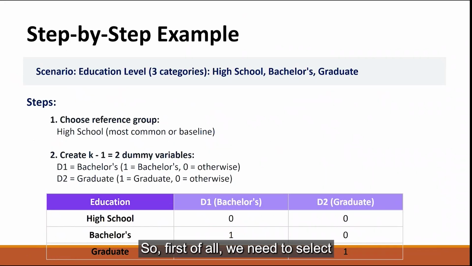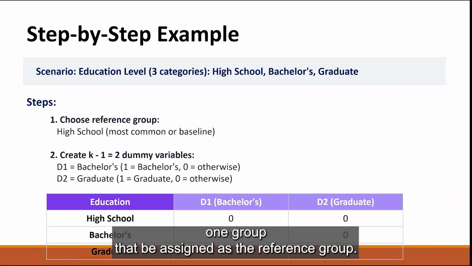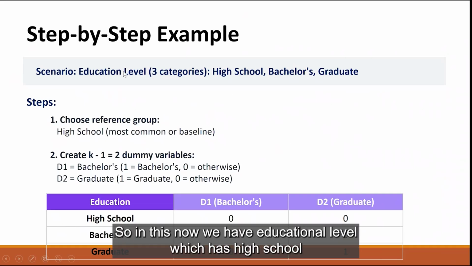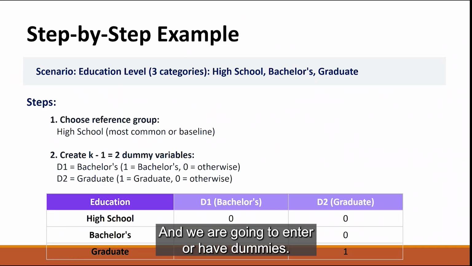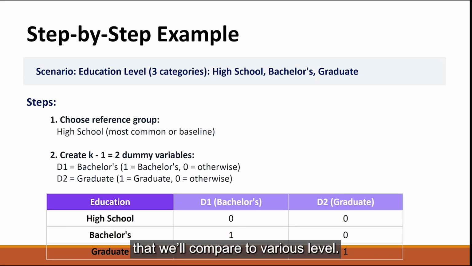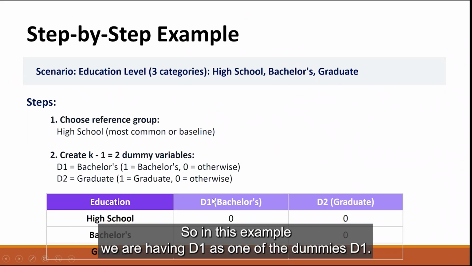So first of all, we need to select one group that we assign as the reference group. In this scenario, we have educational level, which has high school, bachelor's, and graduate. We selected high school as our reference group, and we are going to have dummies that will compare the various levels. So in this example, we have D1 as one of the dummies.